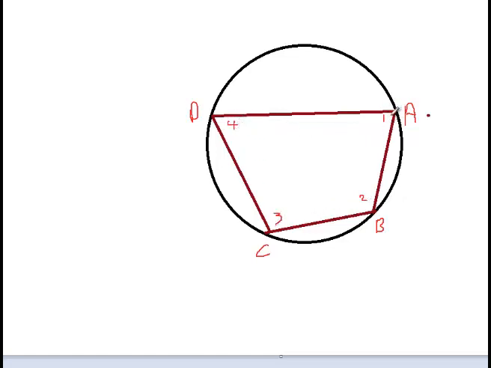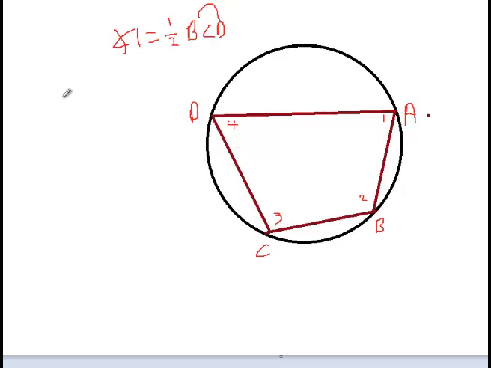Now, angle A, of course, is half of the arc that it intercepts. Angle 1, we'll say, is 1/2 of arc BCD. It has to be, obviously, because this arc sweeps out from here all the way around to here.